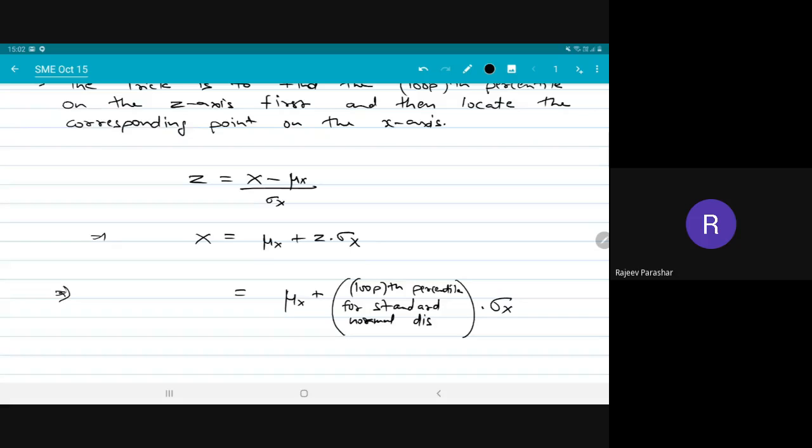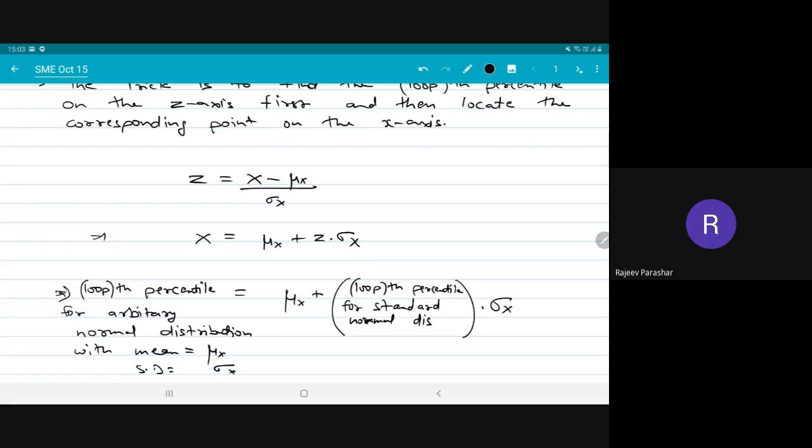Whatever comes out of this expression would be 100 into pth percentile for our arbitrary normal distribution with mean equal to mu of x and standard deviation equal to sigma of x.